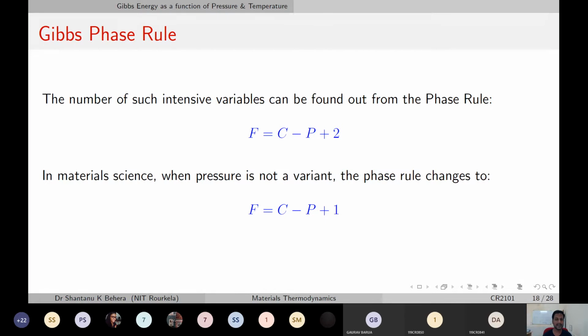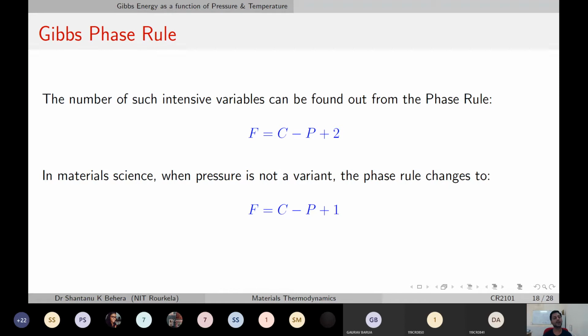All right, and typically we would see that this plus 2 relates to temperature and pressure. Now when we take this forward, for single component systems, we generally use pressure and temperature as the most common variables that affect the stability of the system.